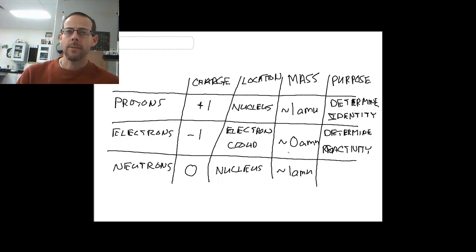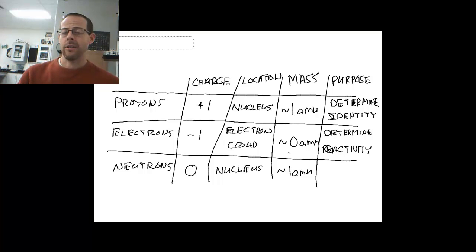And then neutrons are next to the protons in the nucleus. The nucleus is an extremely small space within an atom. For hydrogen, this isn't an issue because we have 1 proton; the atomic number is 1. For helium and every other atom, there are at least 2 protons. And that is an issue because protons are positive.